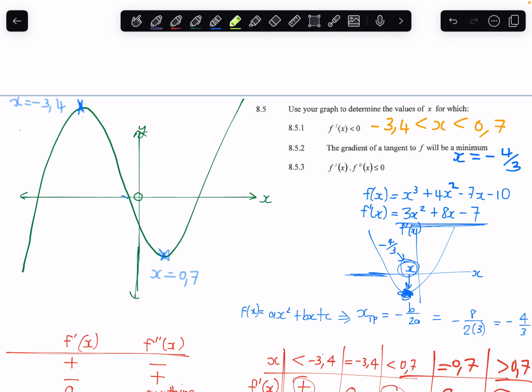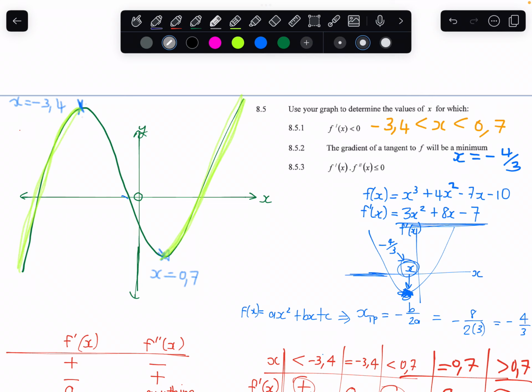We know that f prime is positive here, and also over here, and then we know that it is negative over here. Okay, so that's the first thing we know.